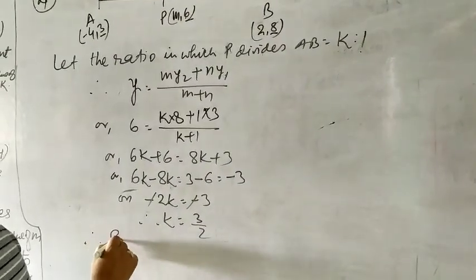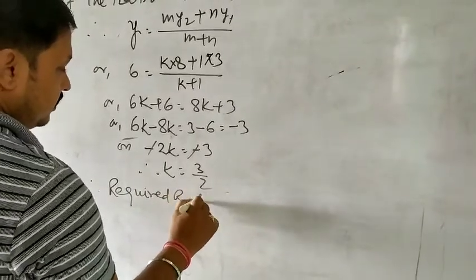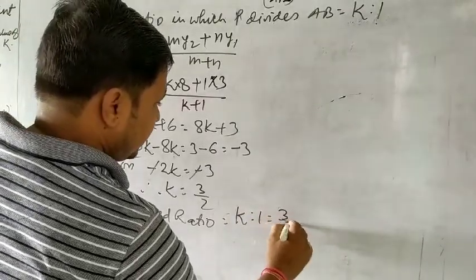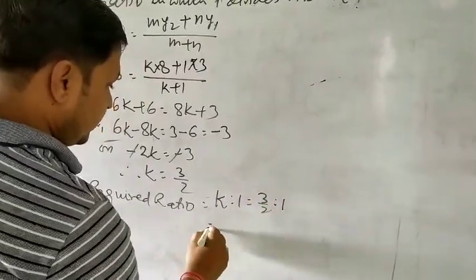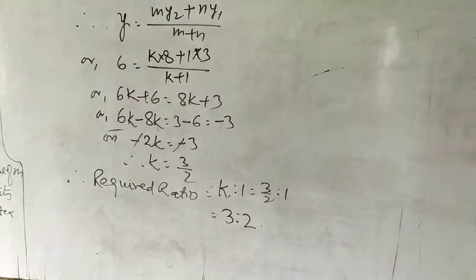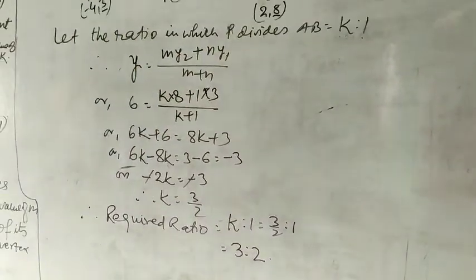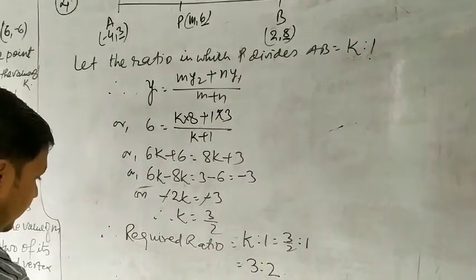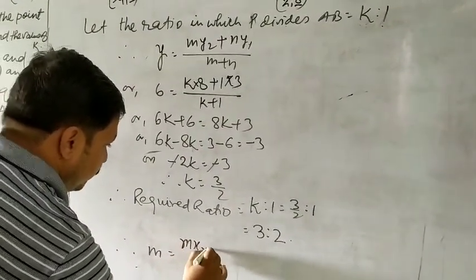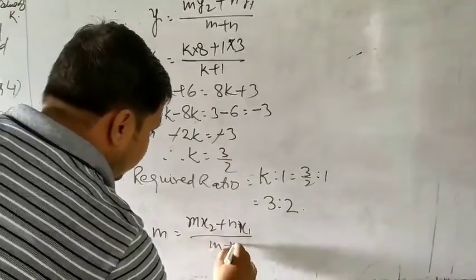So the required ratio equal to k is to 1, that means 3 by 2 is to 1, that means 3 is to 2. Now the value of m: m equal to (mx2 plus nx1) by (m plus n).